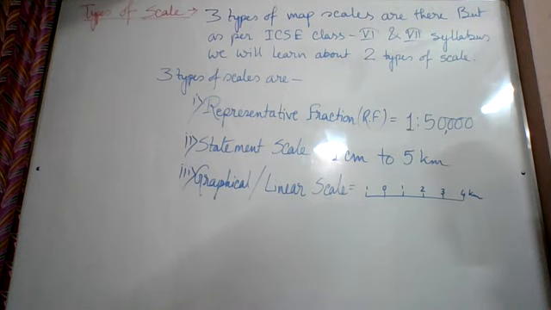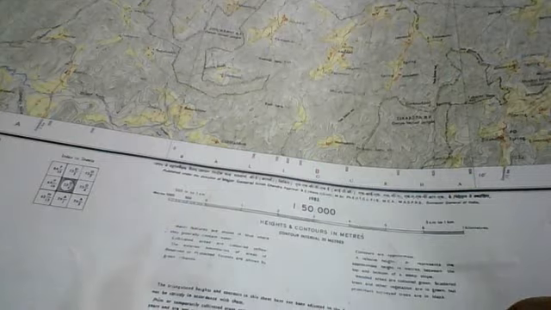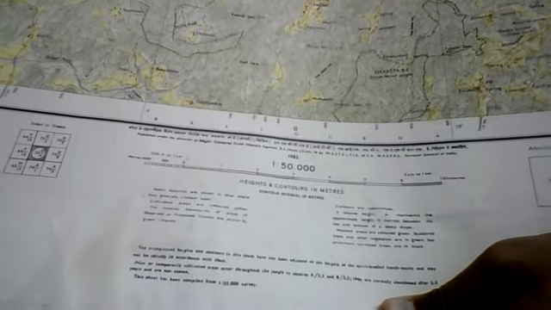So I will show you a map where you will get all three types of scales together. Keep one thing in your mind: only in a topographical map will you get all three types of scales together.